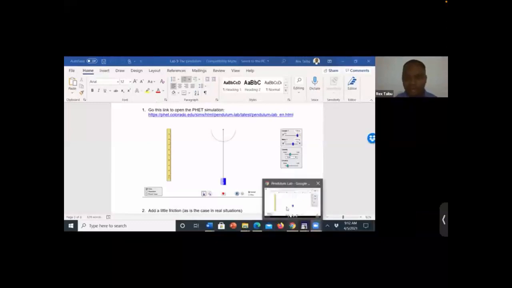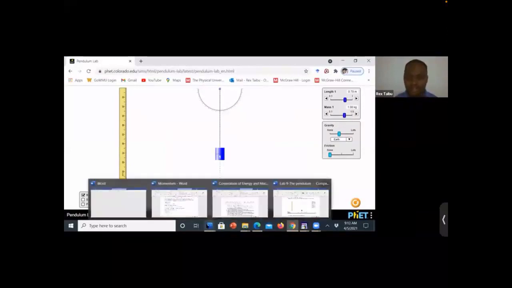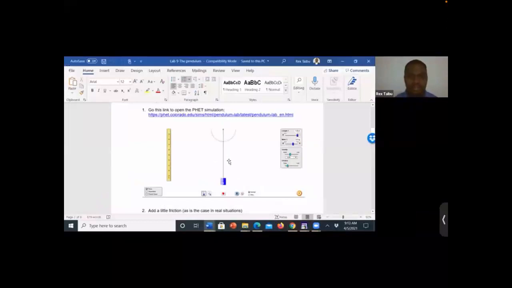So right now I can share the simulation here, and I'll be following the instructions with you. Okay, so here is the simulation. Let me move this one a little bit, maybe at the corner here. This will be fine. Okay, so let's follow the instructions one by one.